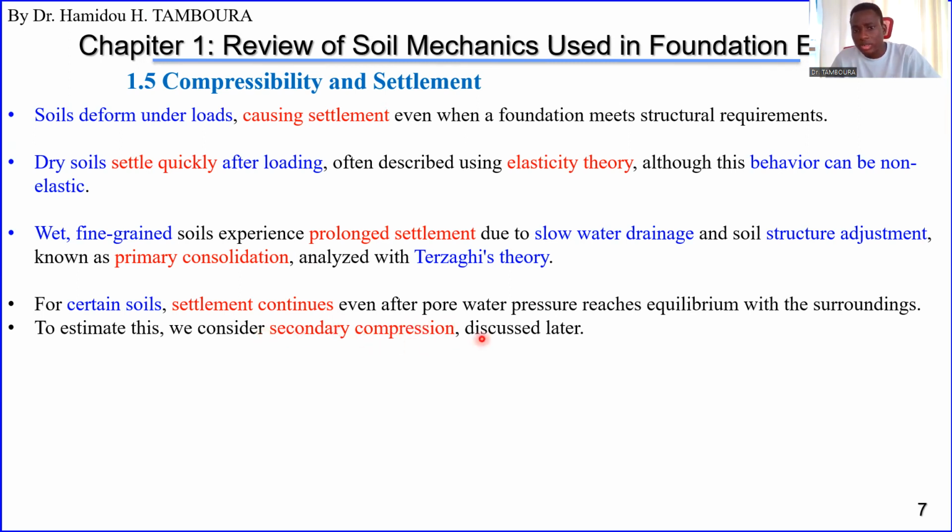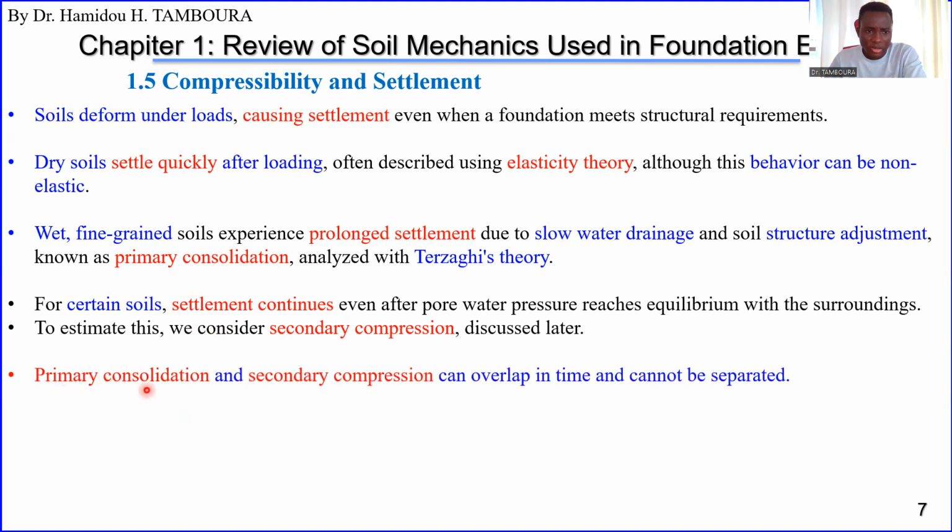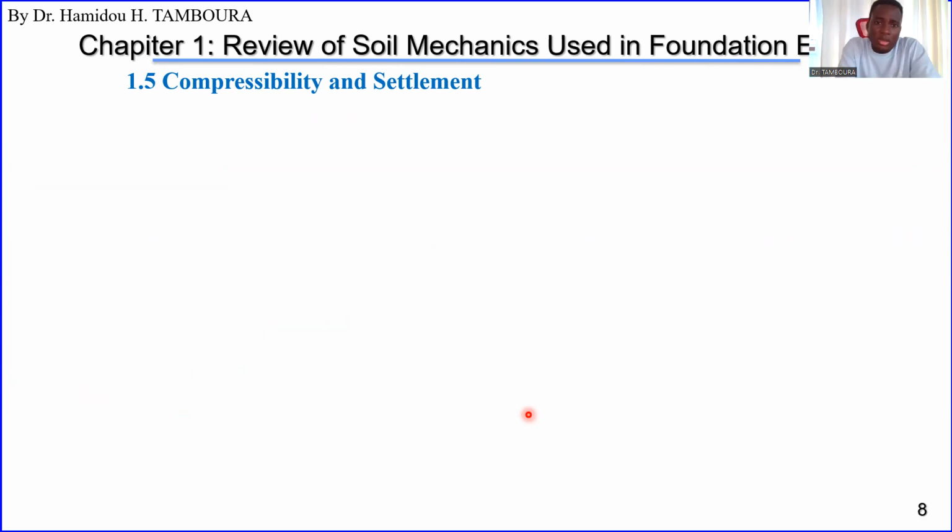We will discuss this later. But the primary settlement will be discussed in this video. The primary and secondary settlements, consolidation, compression, can sometimes overlap, and it will be difficult sometimes to separate them, you know?